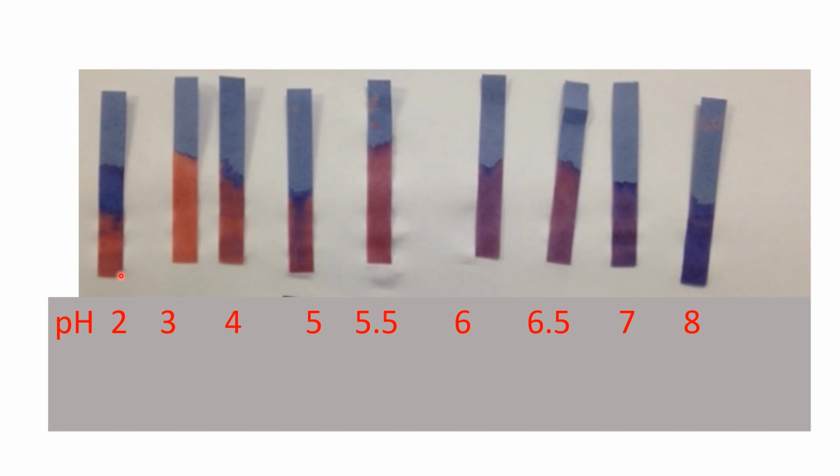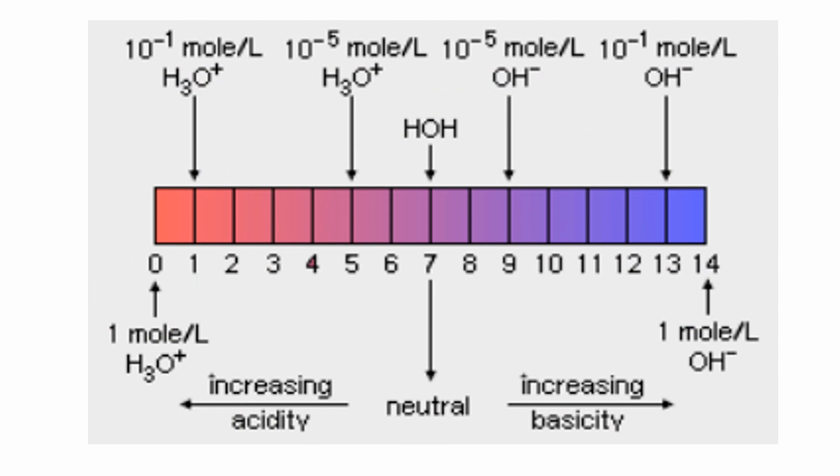Here it is obvious that it is acidic, but in this area it is hard to tell whether it is acidic or basic. This is the range of color of litmus paper at various pH. This is 7. In this area, it is difficult to tell. Here is obviously basic, here is obviously acidic, but in between, it is difficult to tell.